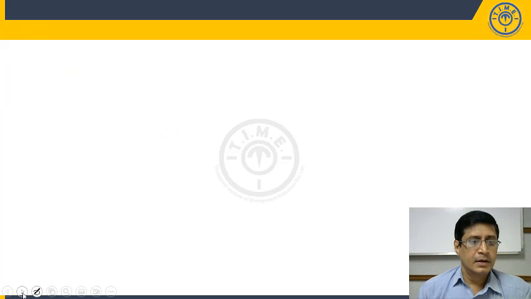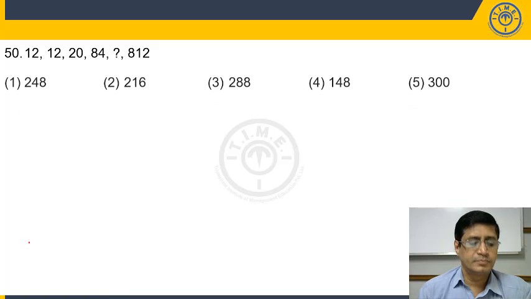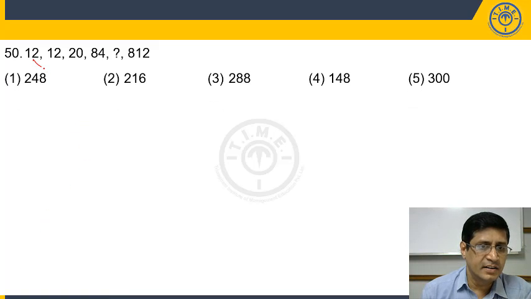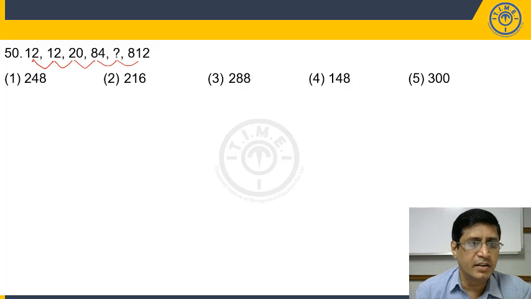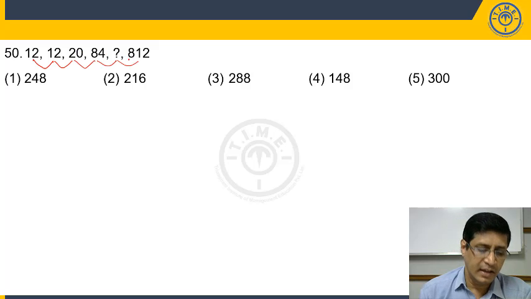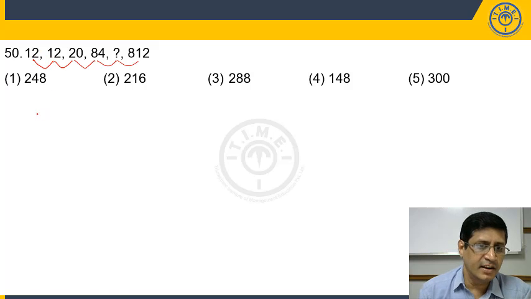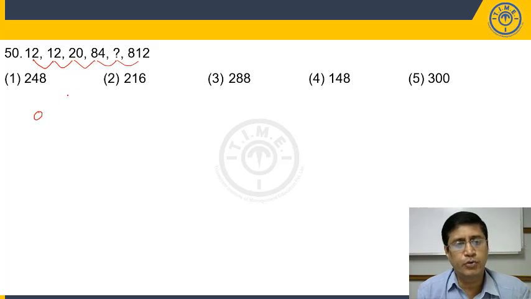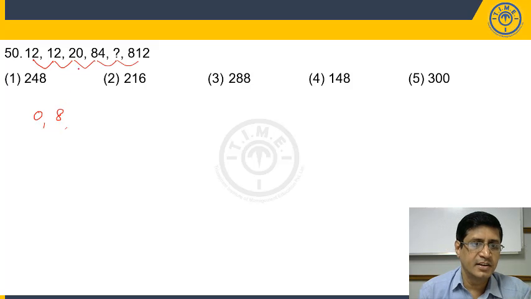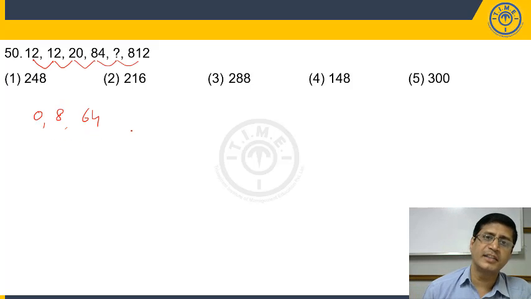Okay. Now look at the next example. What is the observation here? If you observe these carefully: 12, 12, 20, 84, question mark, 812. 12 and 12, the difference is 0. 12 and 20, the difference is 8, and 20 and 84, the difference is 64. 8 and 64 are perfect cubes.